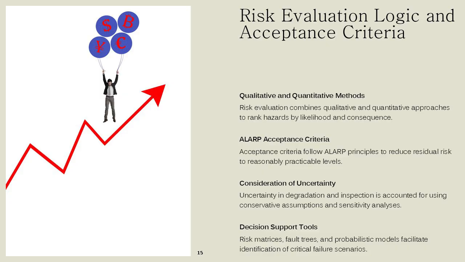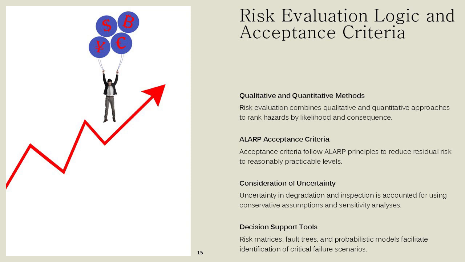Risk evaluation for flexible pipelines employs a combination of qualitative and quantitative methods to rank hazards based on likelihood and consequence. Acceptance criteria are typically defined using ALARP principles, ensuring that residual risks are reduced to levels that are as low as reasonably practicable.